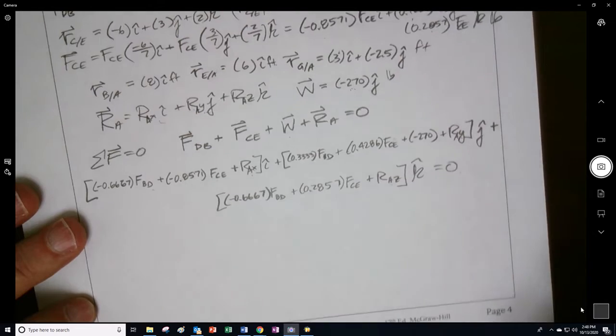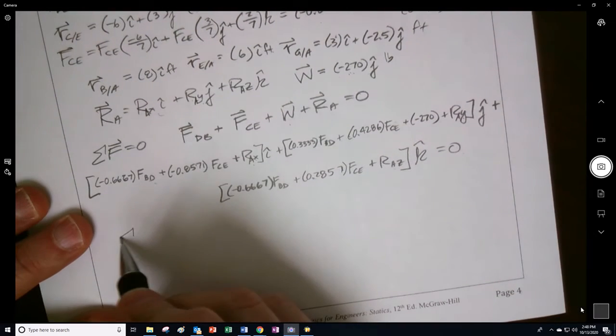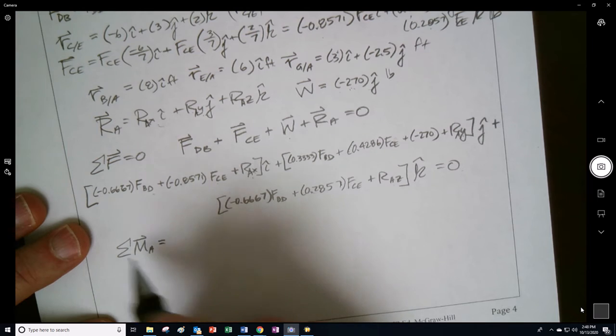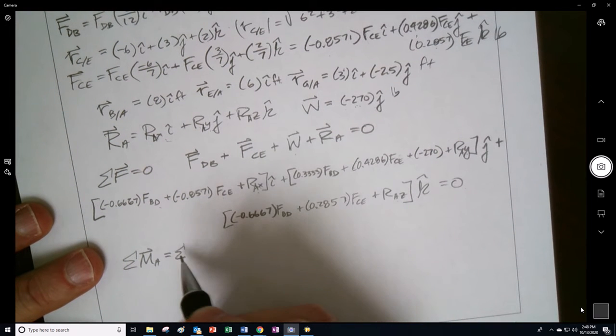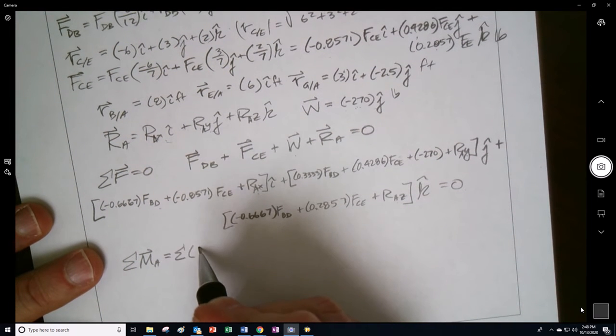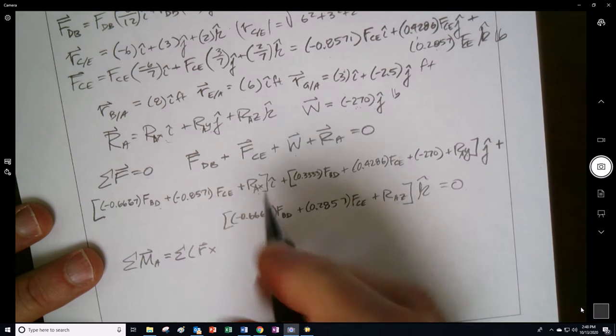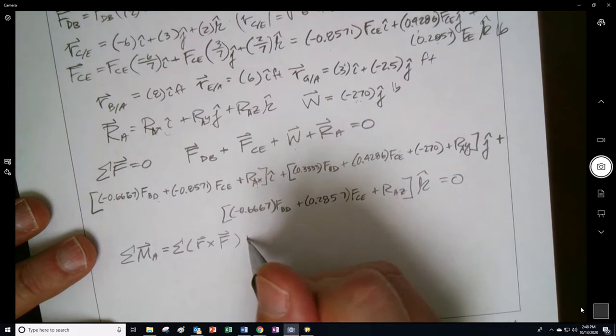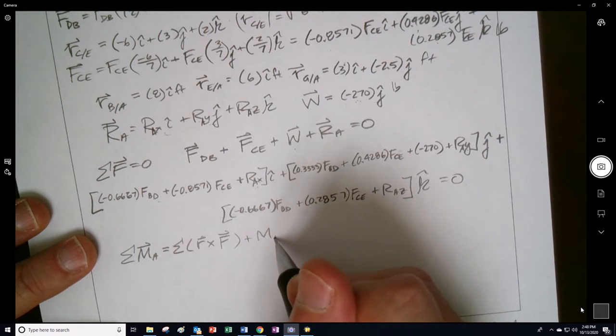So we take the sum of the moments about A. And it equals 0, but it also equals the sum of the r crossed with F plus all of the M's.